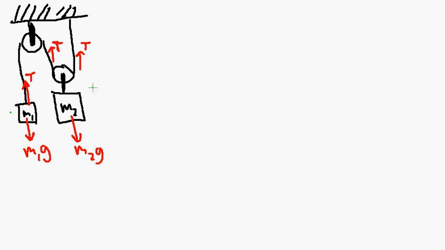The other thing to recognize is how these things are accelerating. Let's say M2 accelerates upward. If M2 moves upward a distance delta x, how far does M1 move? If M2 moves upward, this section of cable shortens by delta x, and this section of cable shortens by delta x as well.